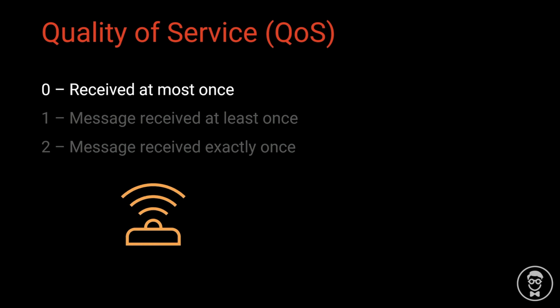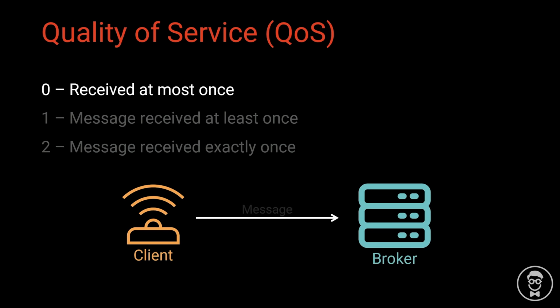A message is sent out once, and the receiver does not acknowledge receipt of the message, which means if the connection is lost and message dropped, it will not be resent. This is also known as fire and forget. It has the lowest overhead, and it's good for situations where some data loss is acceptable, such as periodic sensor readings where another value may come along soon after.